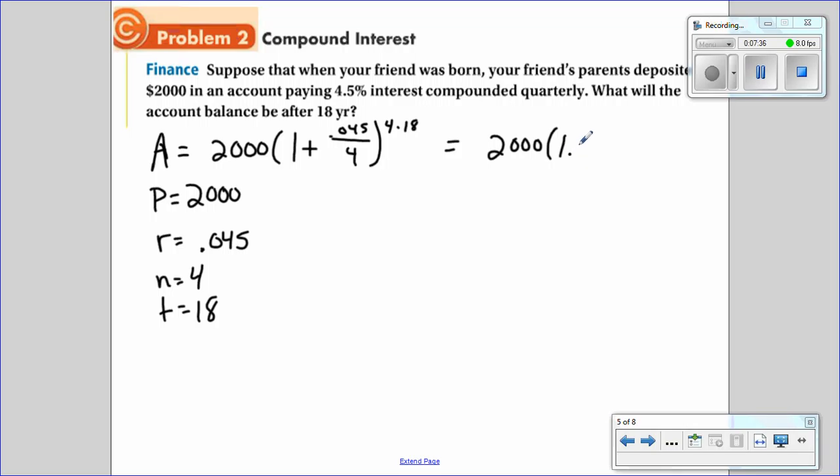Roughly, we'll say 1.01125 to the 72nd power. And when you do that, you get a balance of $4,475.53 after 18 years. So it pays to start early.